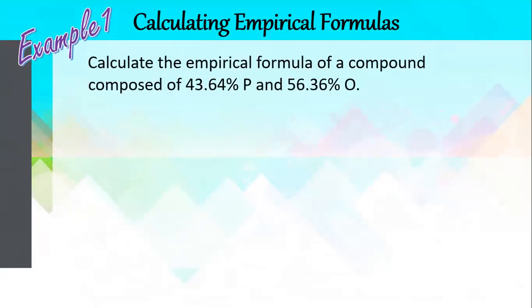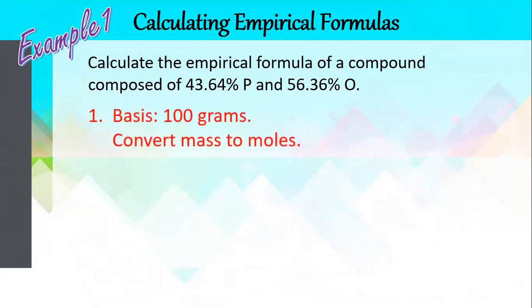So our first example, calculate the empirical formula of a compound composed of 43.64% phosphorus and 56.36% oxygen. Okay, so I'm going to assume a mass for this compound. So let's just say it is 100 grams.